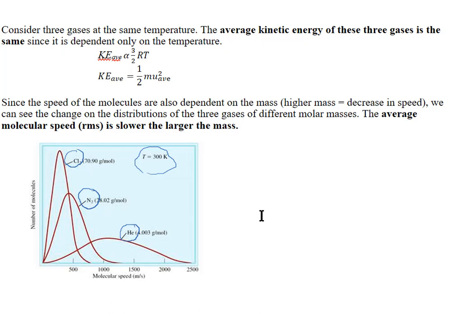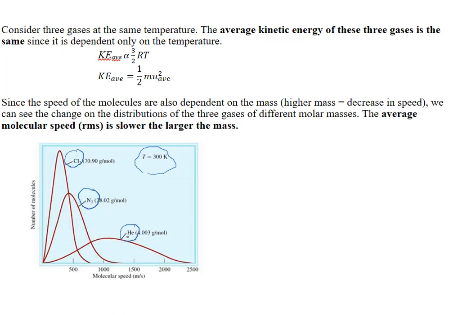At the moment, we'll look at this qualitatively, but in the next lesson, when we examine Graham's law, we'll look at this quantitatively. What we can see in this example is chlorine, which has a higher molar mass of 70.90, versus helium, which has a molar mass of about 4 grams per mole.